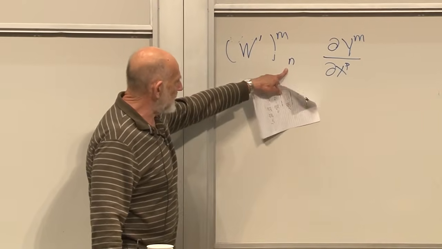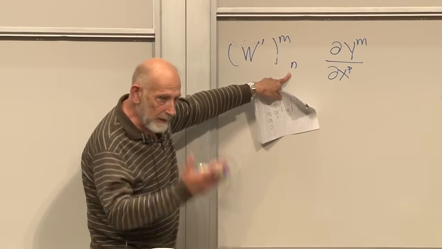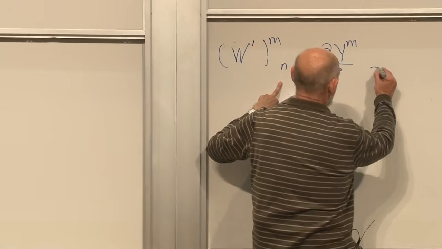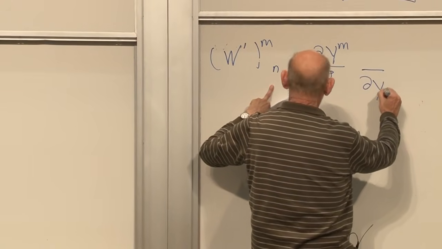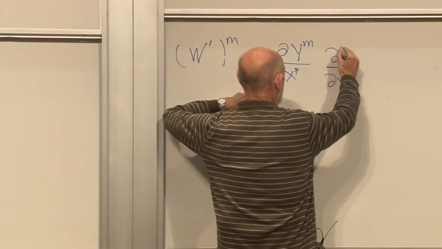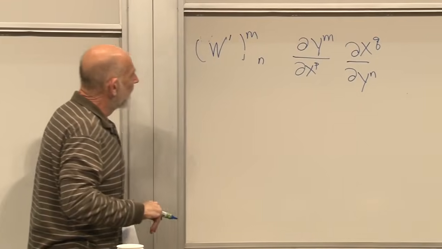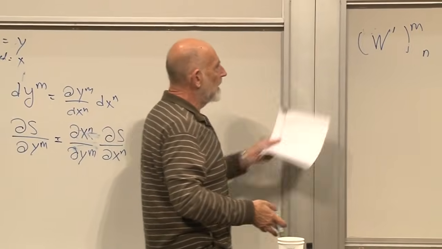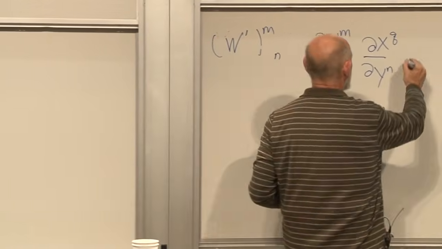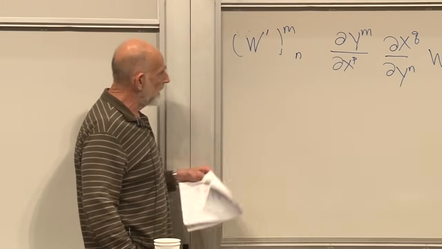Now, what about this index here? This is a y index because it's primed downstairs. So there must be a dy downstairs, and therefore there's got to be a dx, and let's call it q, upstairs. And now what do we multiply that by? We multiply that by w, the tensor in the unprimed frame.